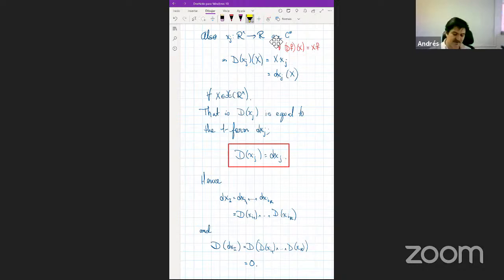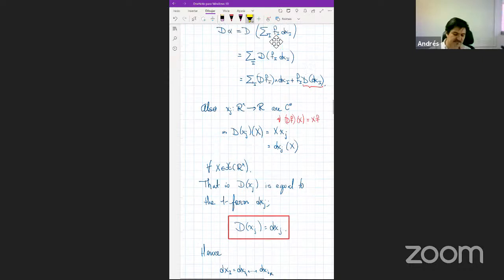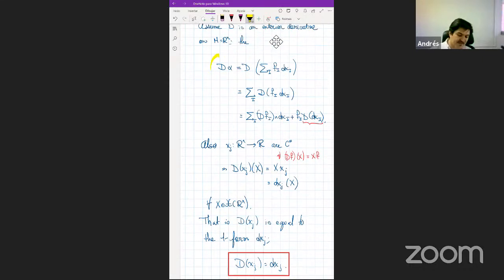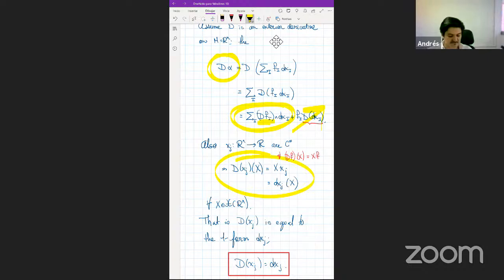Now, remember, all of this was to understand d of alpha. We have seen that this is 0. So far, the alpha equals this. And now, again, we are going to use property number 4 on this, right? Same argument here, but now on functions.